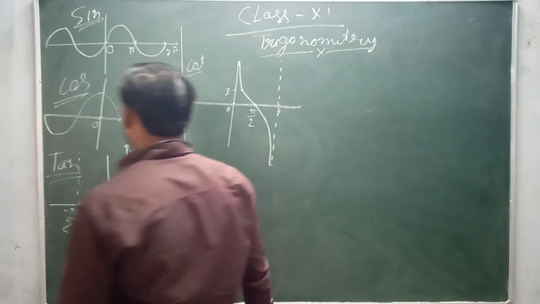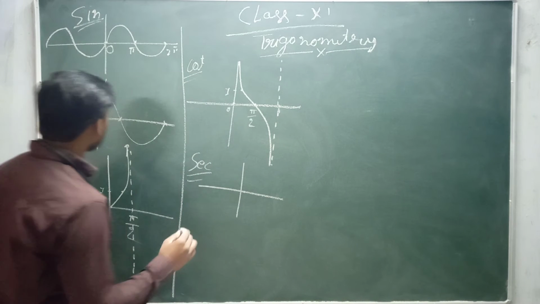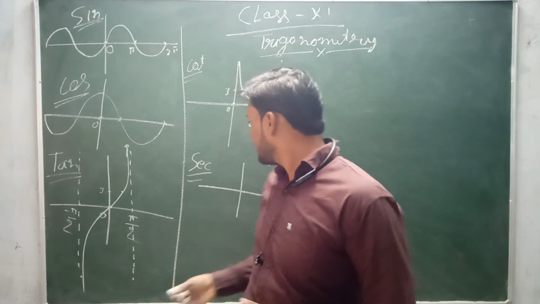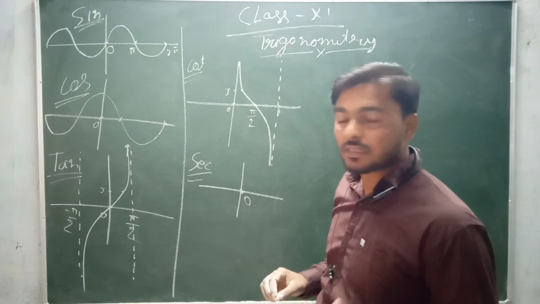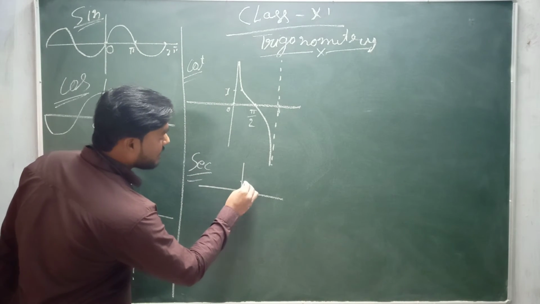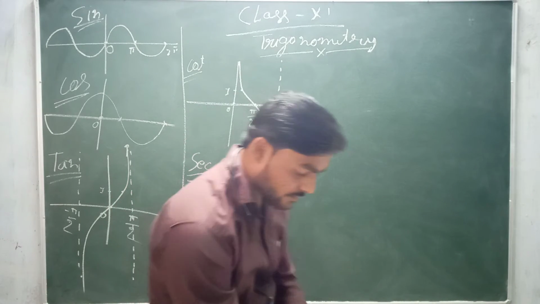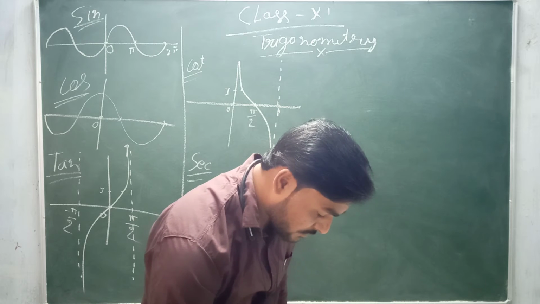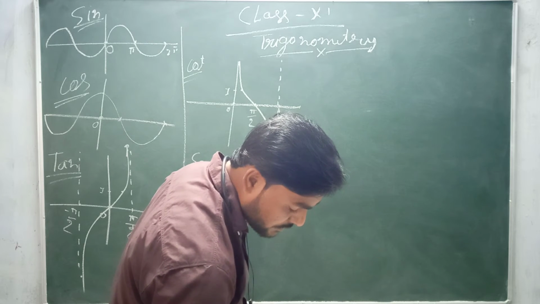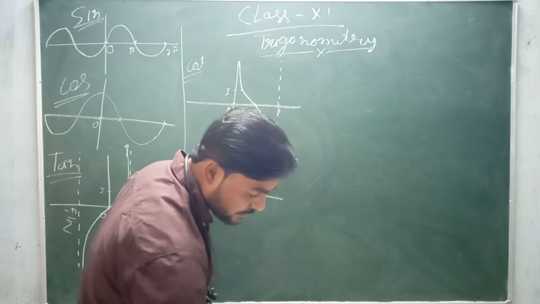Now sec and cosec. Cos 0 value equal to 1, then sec 0 value is 1.